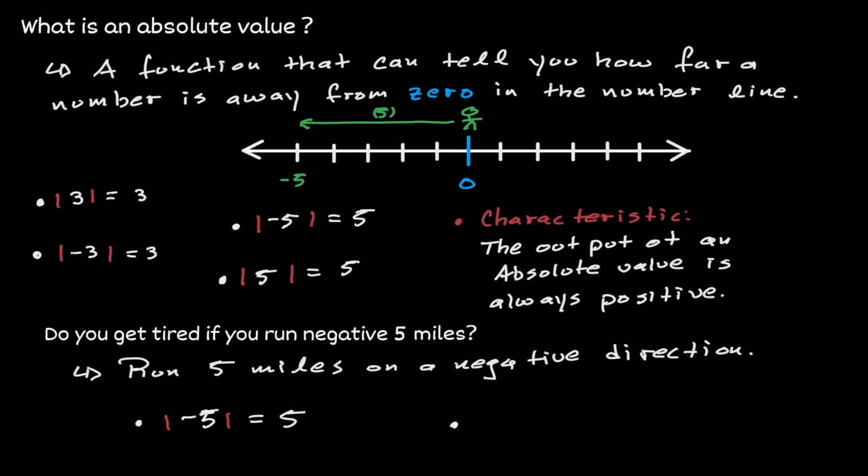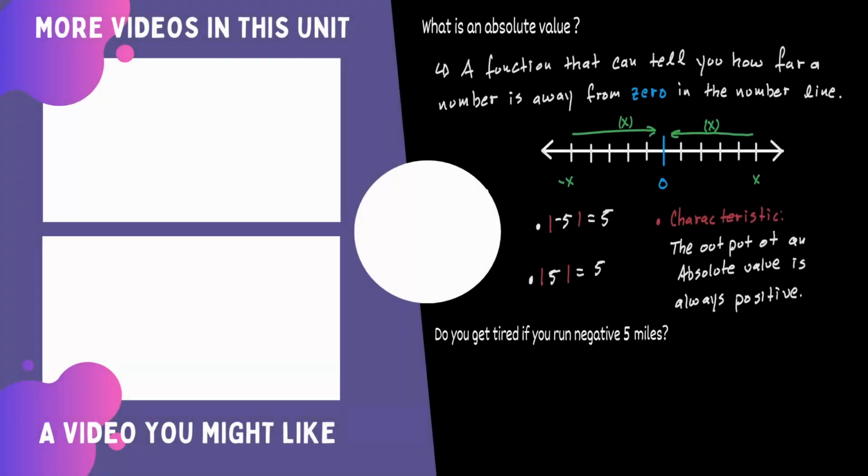And notice that this will be the same distance that we would have traveled if we would have run 5 miles in a positive direction. That is the same as taking the absolute value of positive 5, which is also 5, where the outcome is the total length that we ran, and the number that we place inside the absolute value is a location in the number line.